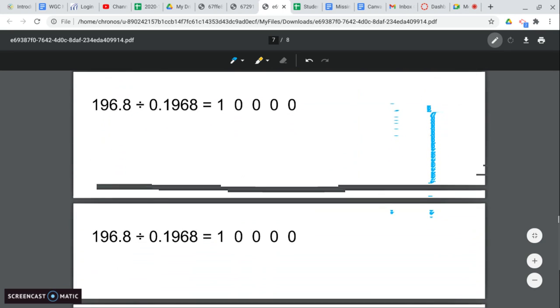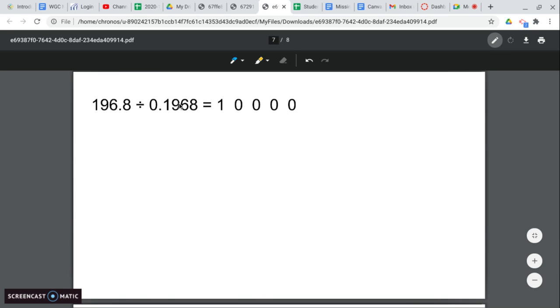All right, our last one, we have 196.8 divided by 0.1968, and it equals 1,000. This is a unique one. You hopefully notice that we have 1968 and 1968.